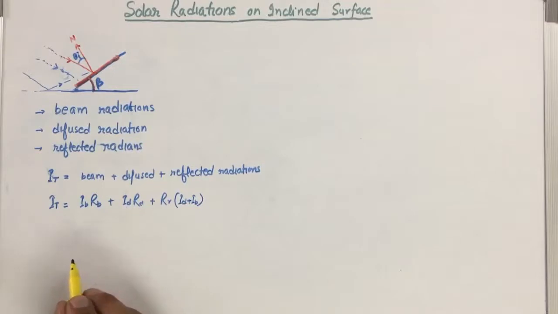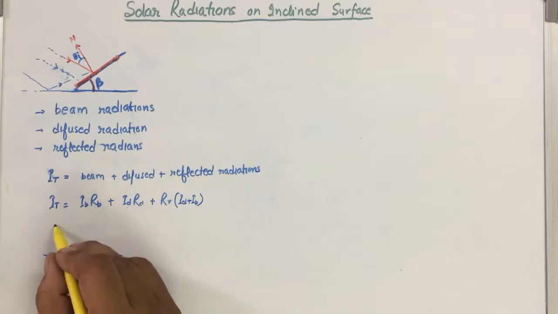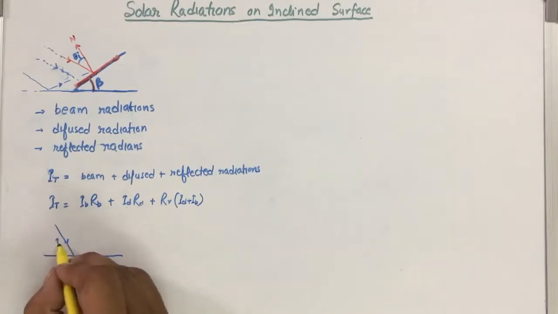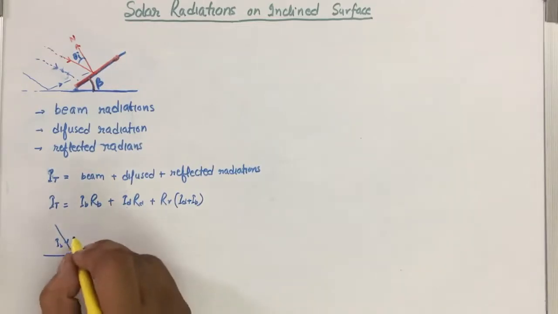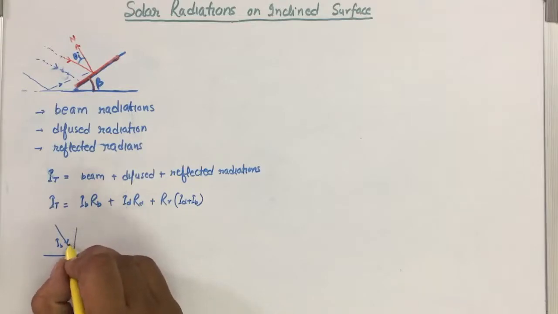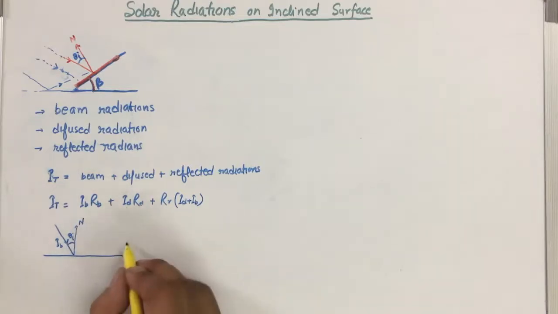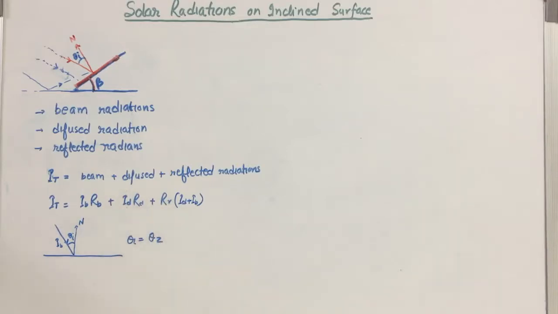Now let us continue the discussion. Having a flat surface without inclination, radiations are coming, that is I_B, and the normal to this is theta I. In this case, theta I is equal to theta Z, the zenith angle.